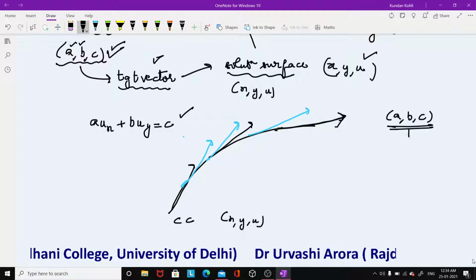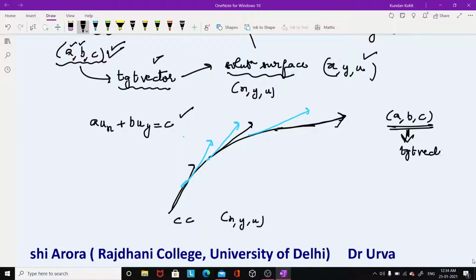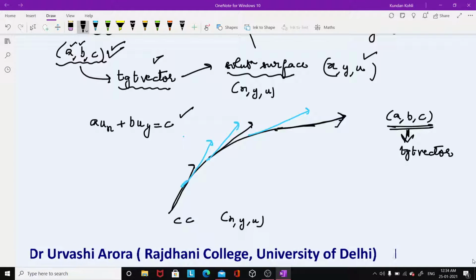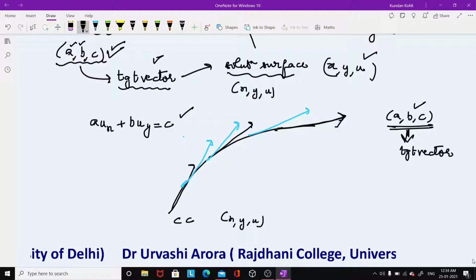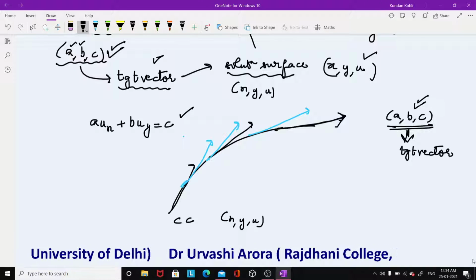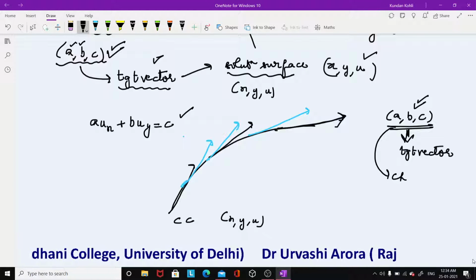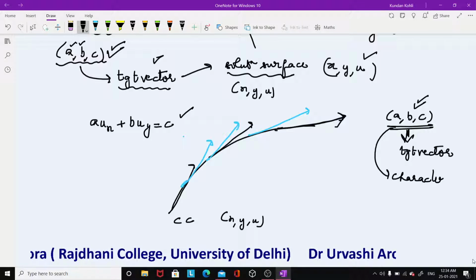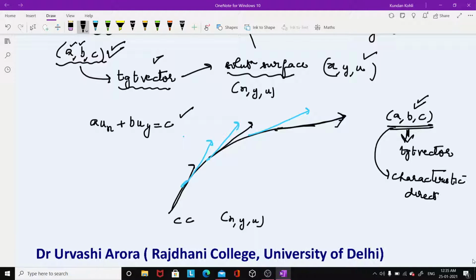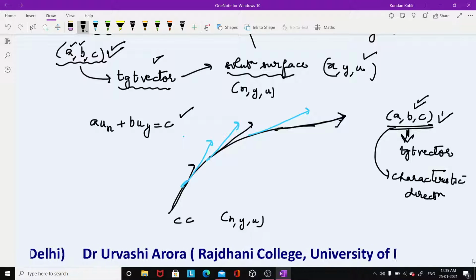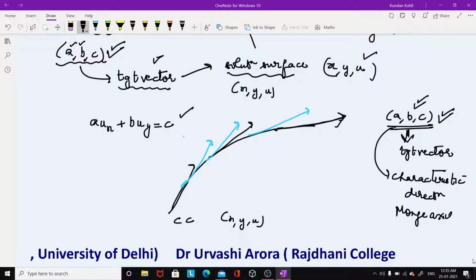Now we have already seen that this vector represents the tangent vector to the solution surface of the given quasi-linear equation, and in my earlier videos I have already said that this particular vector determines a direction field, and that direction is called a characteristic direction, or a characteristic direction field, or sometimes it is also called the Monge axis.